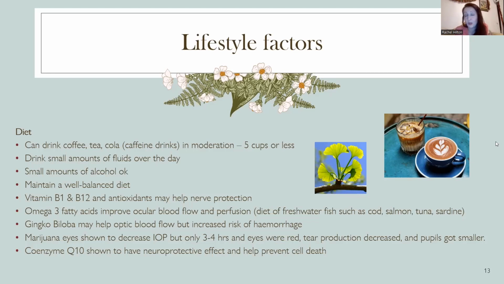So we'd always encourage you, if you've read about something and you want to take it as a supplement, and there are links to show that obviously that can help optic blood flow, to be cautious and speak to your clinical team. So for example, with the ginkgo biloba, you are at increased risk of hemorrhage with a blood thinner, and if you're already on other blood thinners and you take this on top, it may be a risk to you. So it's things like that where we'd say, if you've read anything, you want to trial anything like this, please do ask, and at least your clinical team's aware.